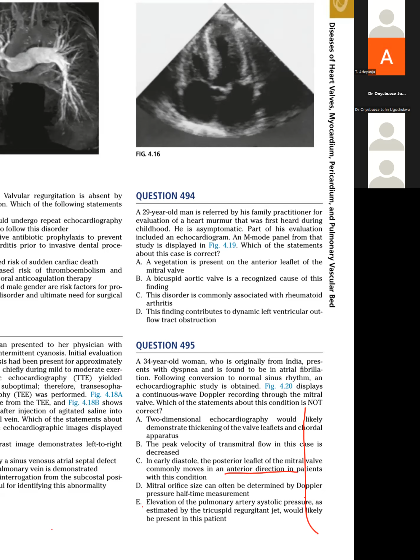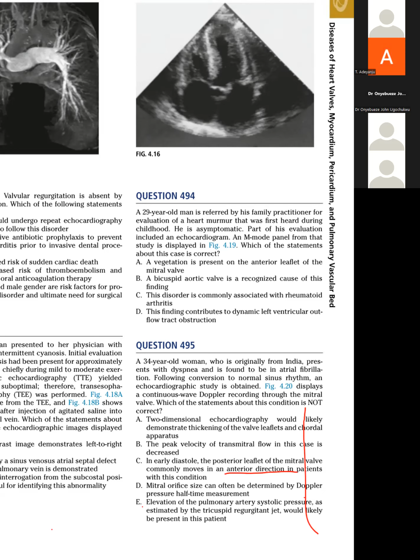D: the mitral orifice size can often be determined by Doppler pressure half-time measurement. Yes, that is true, as we mentioned. And E: elevation of the pulmonary artery systolic pressure as estimated by tricuspid regurgitant jet would likely be present in this patient.